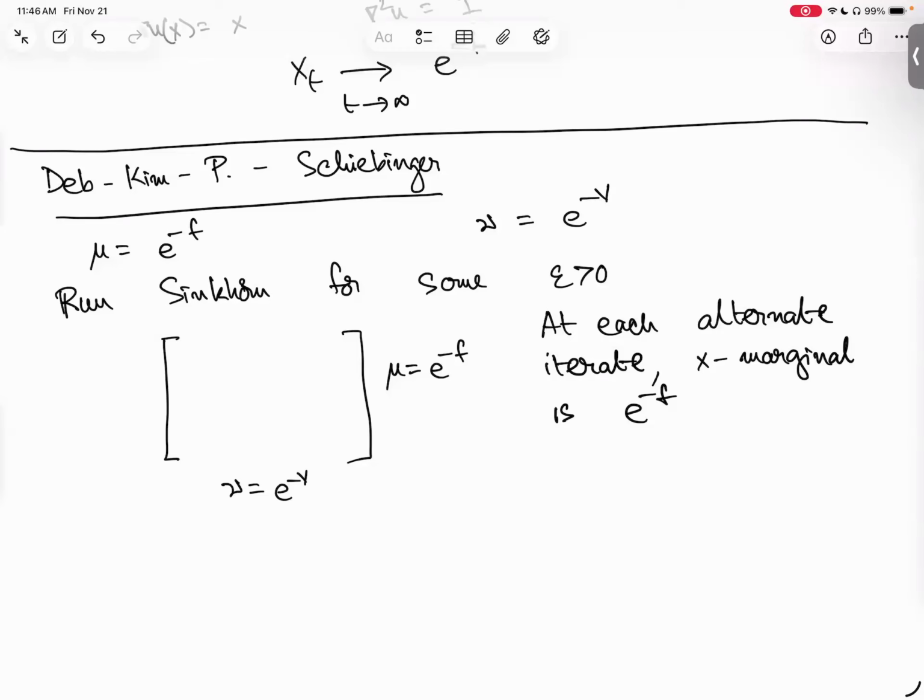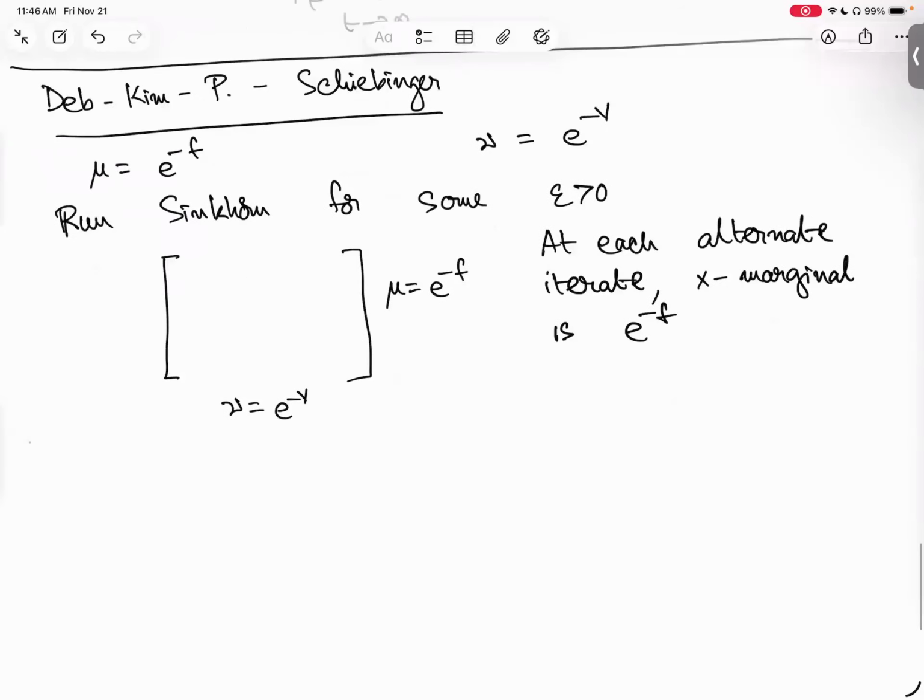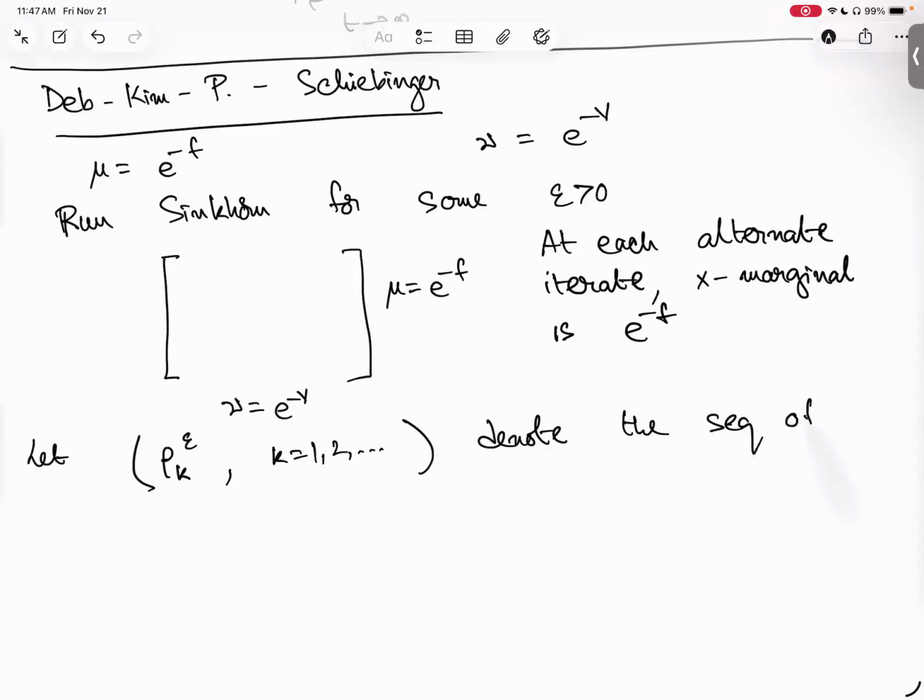Now let rho k epsilon, for k equals 1, 2, 3, etc., denote the sequence of x marginals that are not e to the power minus f.